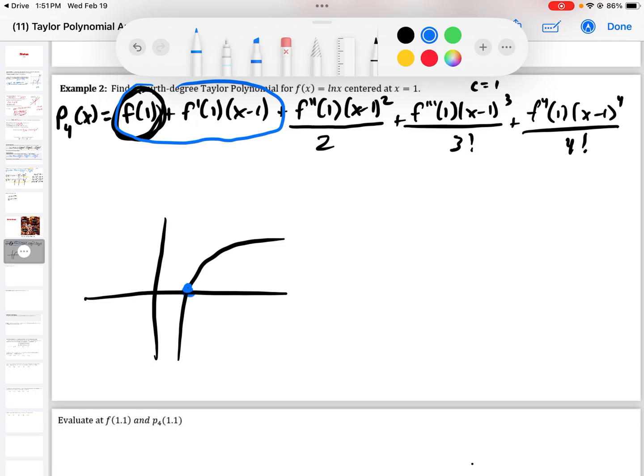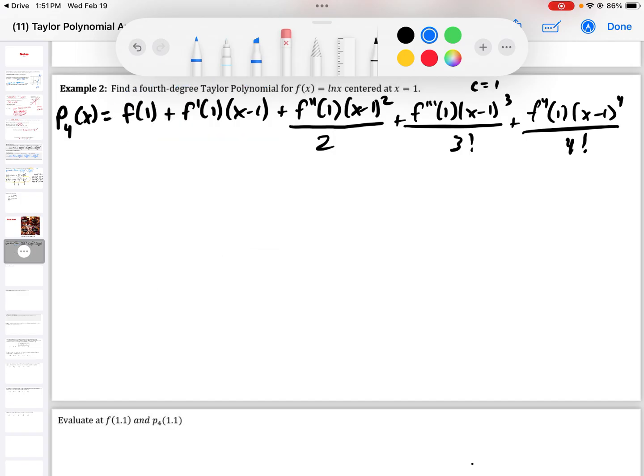Then if I added another degree, like a second degree, it's got the same concavity. So maybe it looks something like that. It'd be a little bit more accurate. And then if I have third degree, it just looks better and better and better. The more degrees that I add, it just gets better. All right, that's just extra.